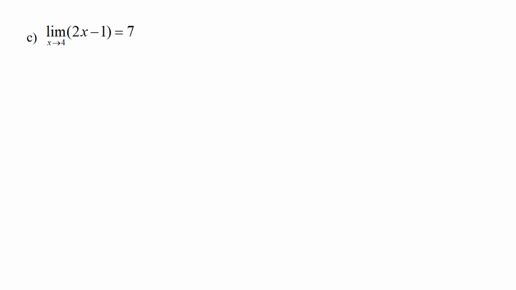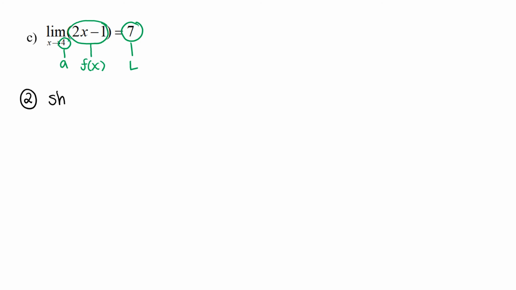So let's take our limit and translate it into that piece that we need to prove. So we have the limit as x approaches 4, so a is 4, of our function 2x minus 1 is equal to 7, which is our limit.